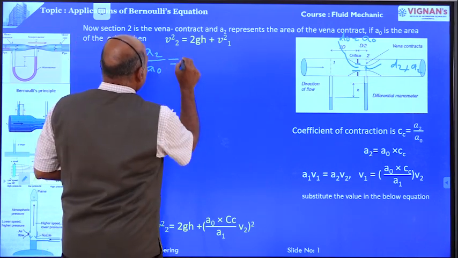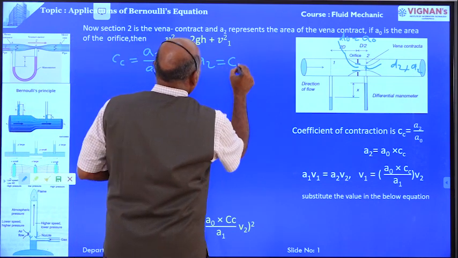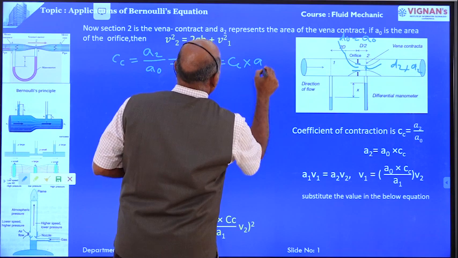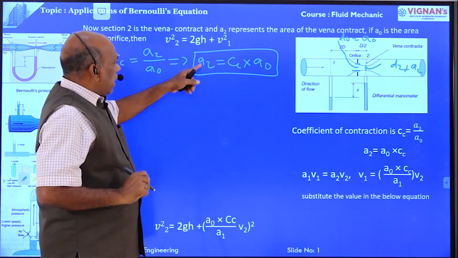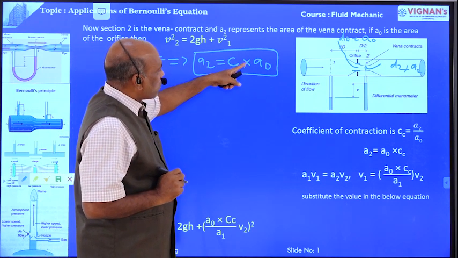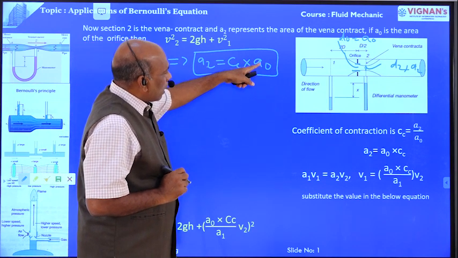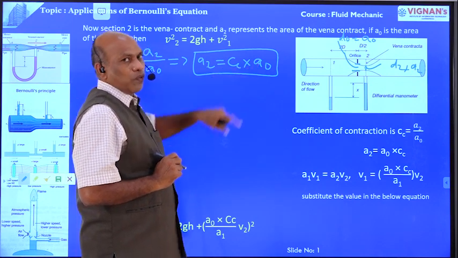From this equation, A2 is equal to coefficient of contraction into A0. This is a very important relation. Cross sectional area at section 2-2 is equal to coefficient of contraction into cross sectional area of the orifice.